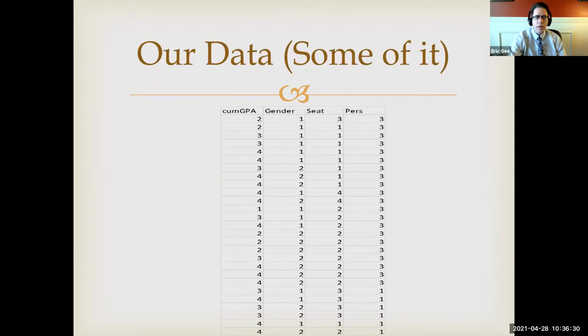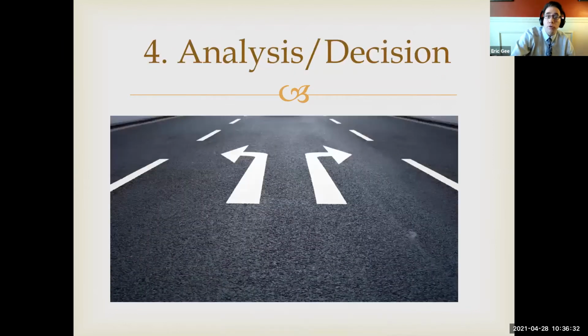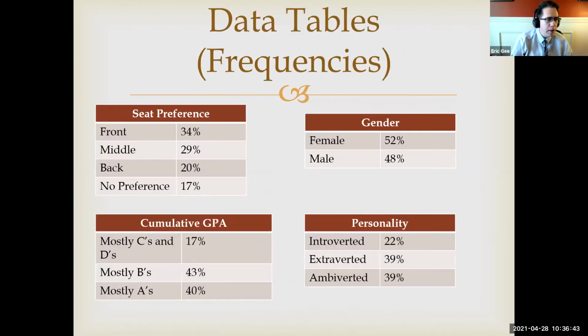But of course, just the data itself is not sufficient. So this brings us to the next step of the scientific method called analysis and decision making. Okay, so what I have to do is analyze my data. Here, what I have are just some very basic data tables on the data from the 2 sections of Psych 111. You'll see there's gender, pretty evenly split actually in the classes, 52 to 48.